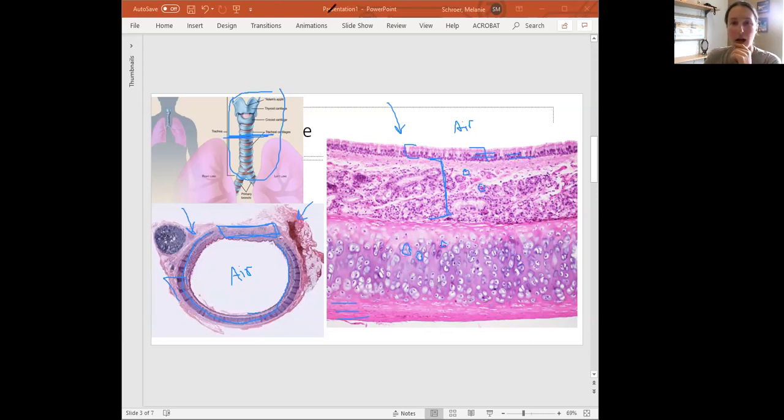Okay, so let us start drawing our charts here. Let us start with the first of 4 different categories of tissue within the body, and we'll start with epithelial tissue.